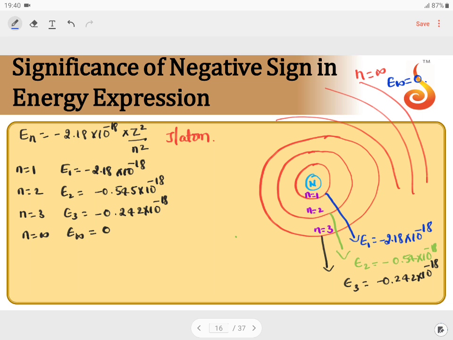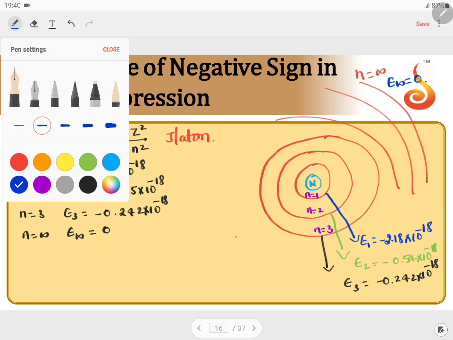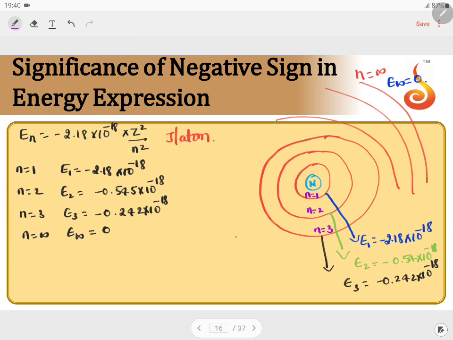To understand the significance, let us take an electron. Now the electron is here, in the first orbit. You consider this electron and the other electron is at infinite state. The electron that is nearer to the nucleus is more attracted towards the nucleus.